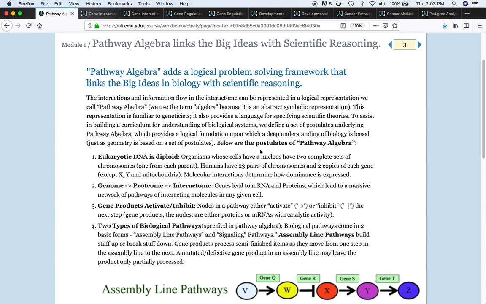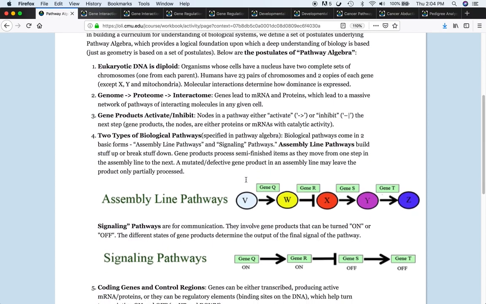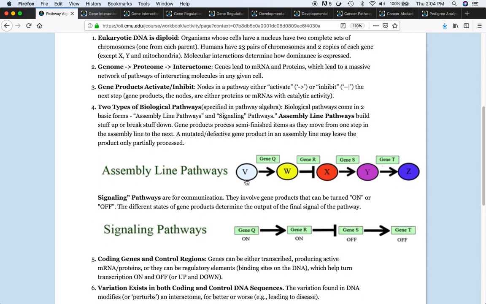CTAG attempts to put students in the driver's seat as much as possible, moving toward getting them to start building their own models of the world around them based on their observations of it. There are several statements or concepts that make up pathway algebra for biology.